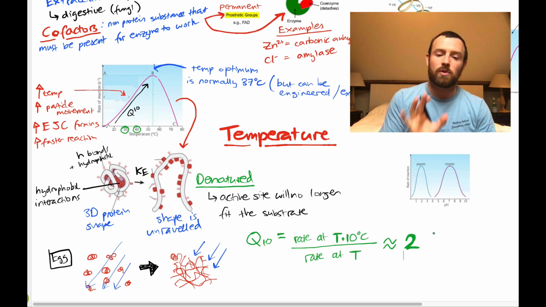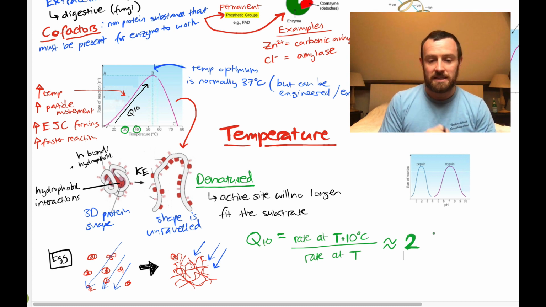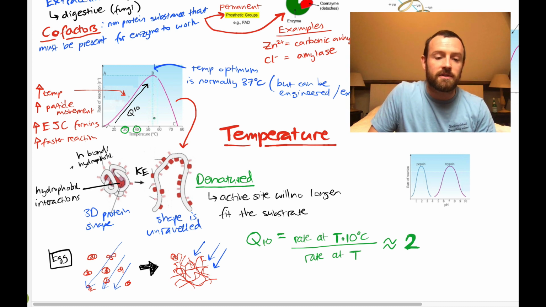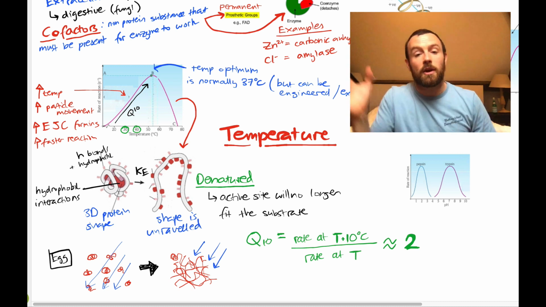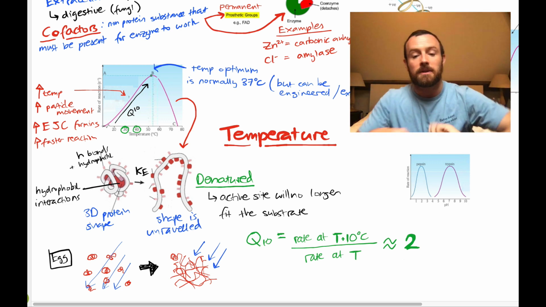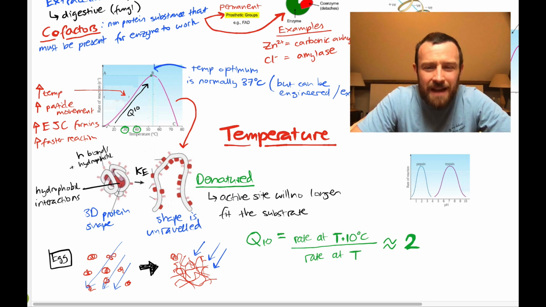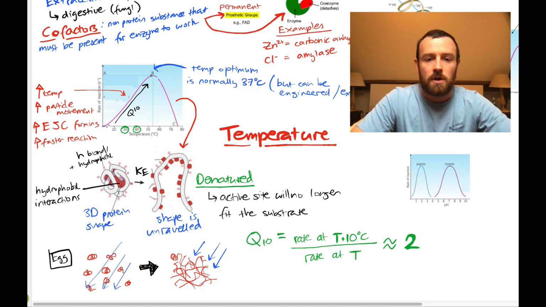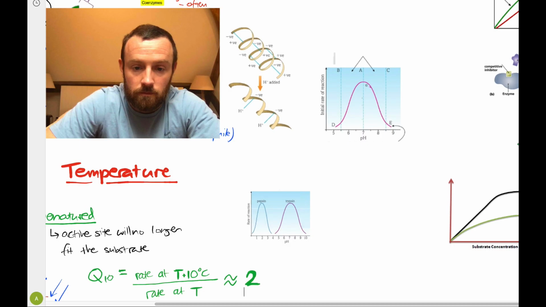That is what the Q10 coefficient means. But if we were to go beyond the optimum, then obviously that relationship would not occur. So that relationship only occurs on the upslope. Okay, so that I think is everything to do with temperature.